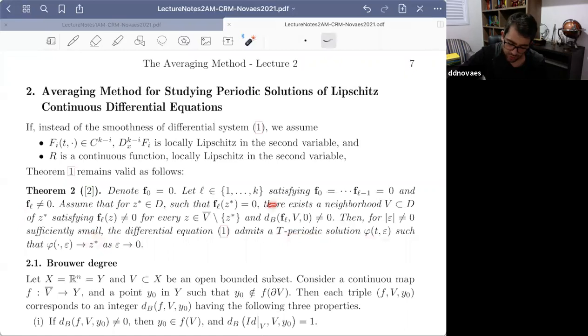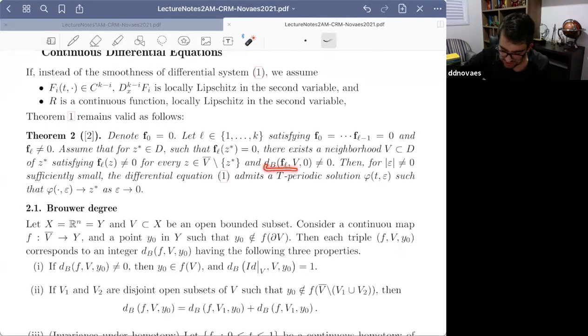However, here we have to consider another kind of hypothesis instead of the simple solution that we were considering in the previous theorems. So let me just introduce the concept of the Brouwer degree.